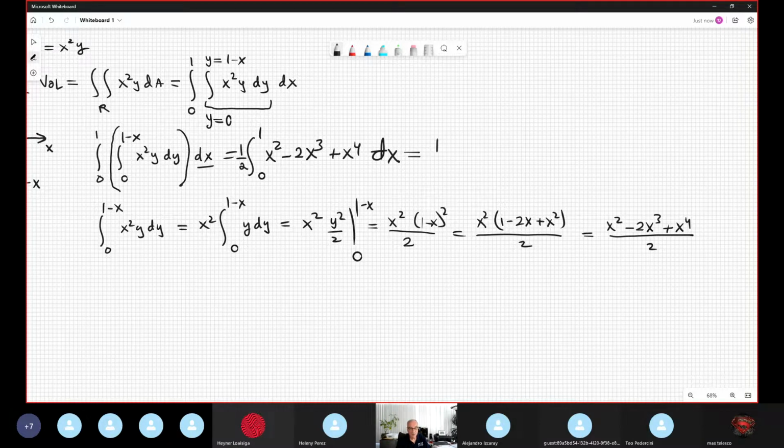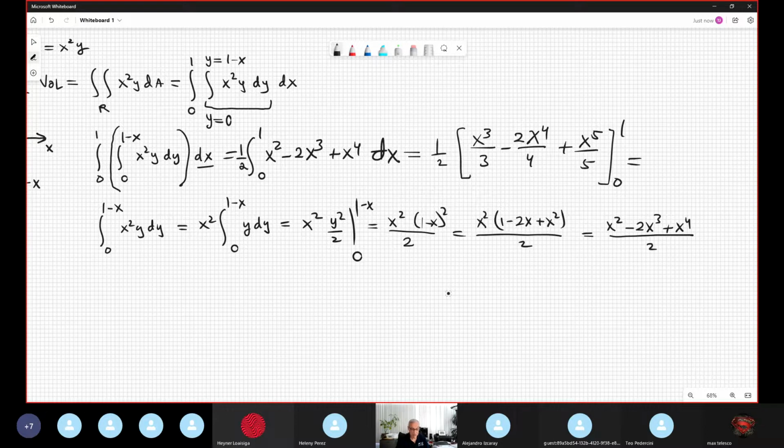Okay, now it's 1/2, and the integration, this is x cubed divided by 3 minus 2 times x to the 4th power divided by 4 plus x to the 5th power divided by 5, evaluated obviously between 0 and 1.